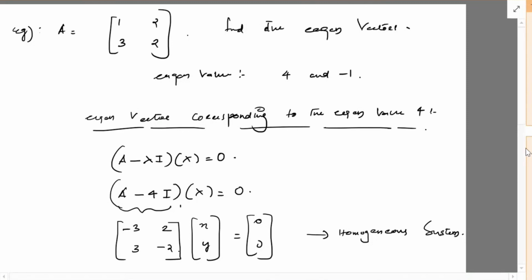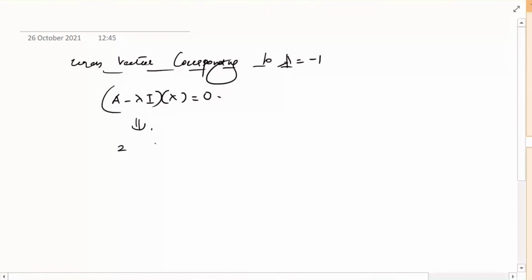You have to subtract minus 1 from the diagonal entries. 1 minus (minus 1) is 2. So that will be the matrix 2 2, 3 3, times (x, y) equal to (0, 0).